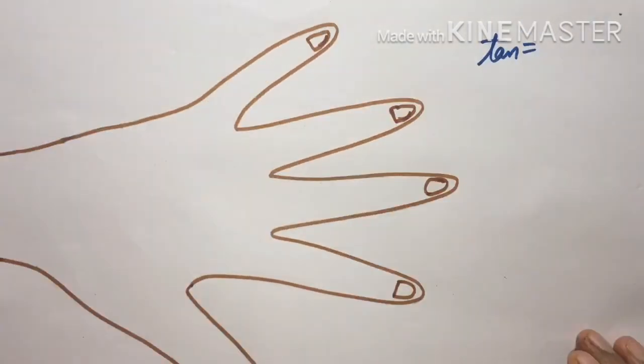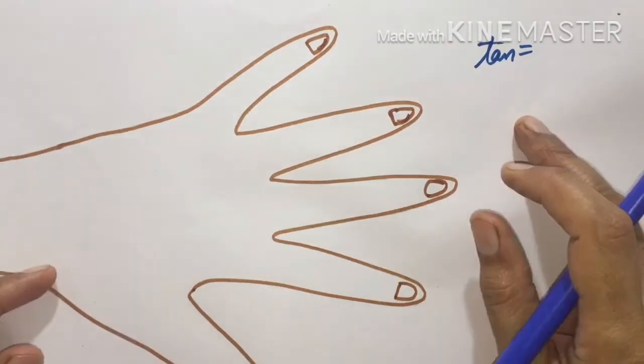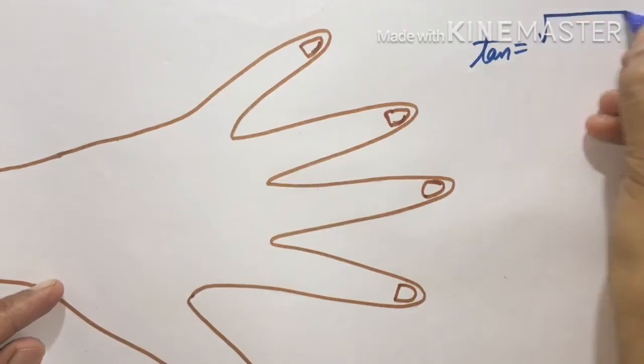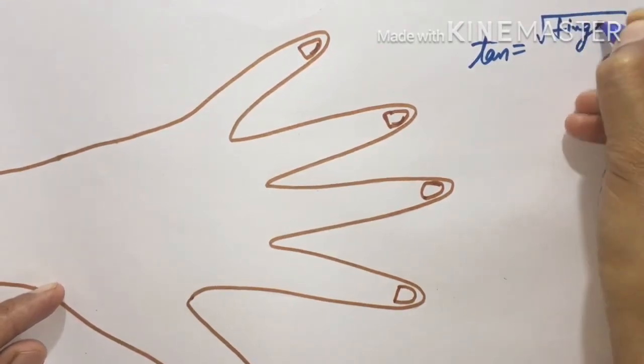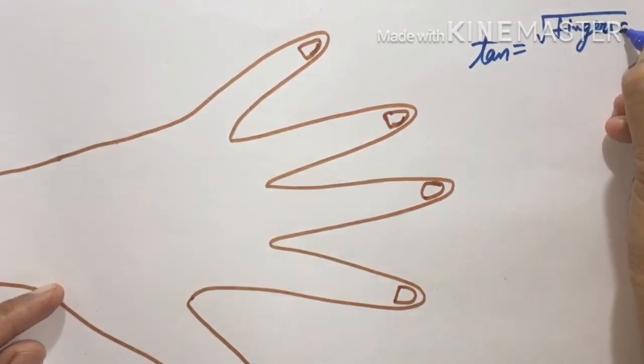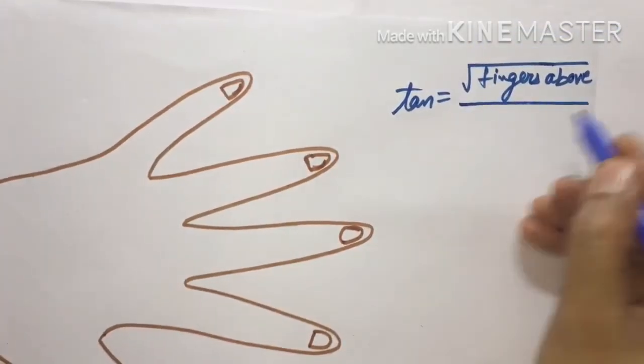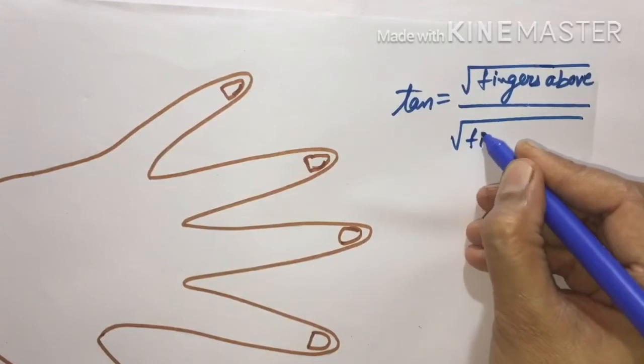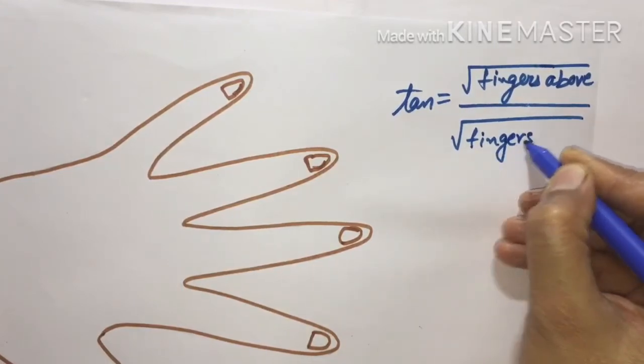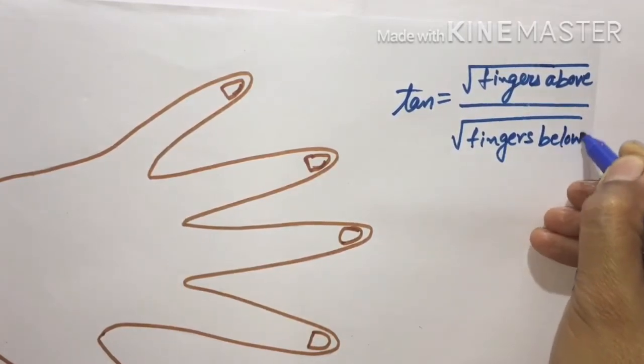Now if we find out the value of the trigonometric ratio tangent, what will we do? We will write fingers above upon fingers below. Very easy.